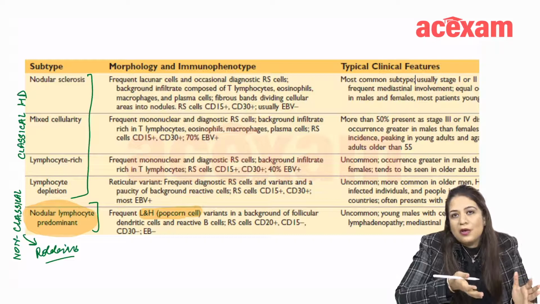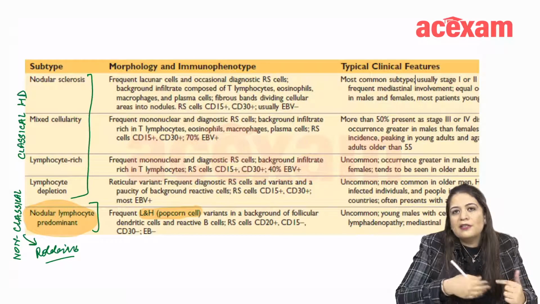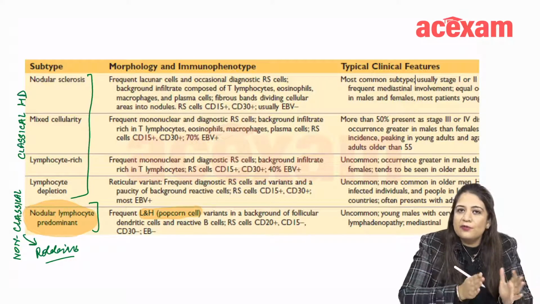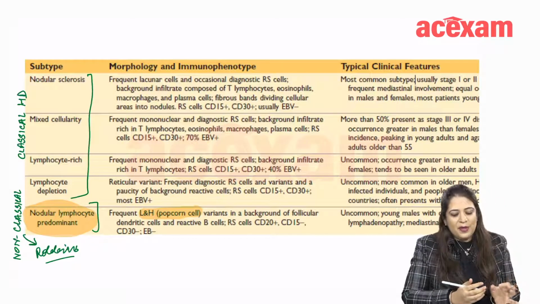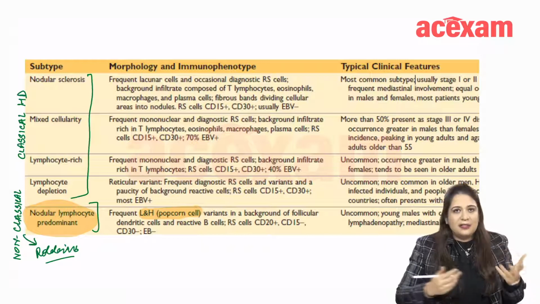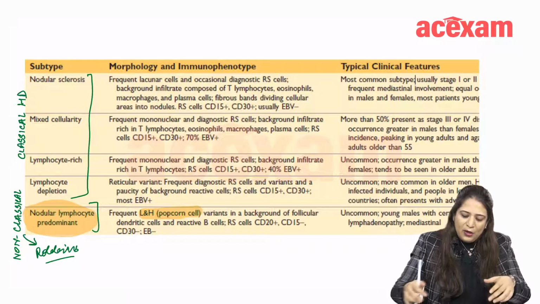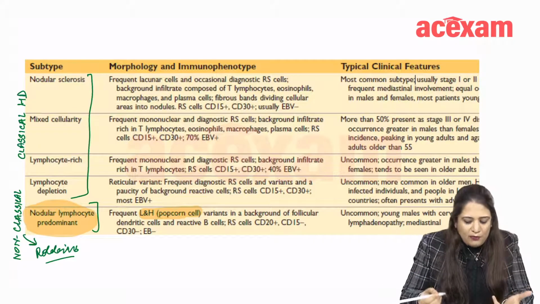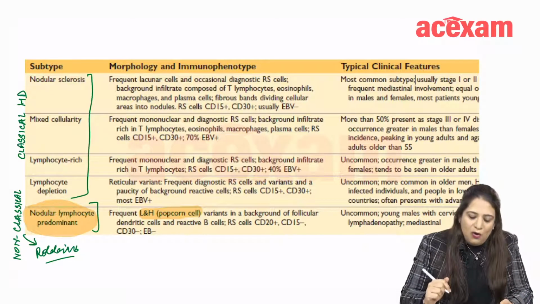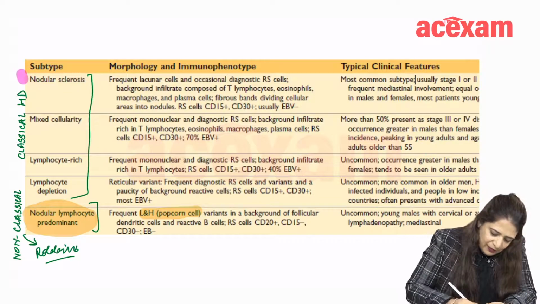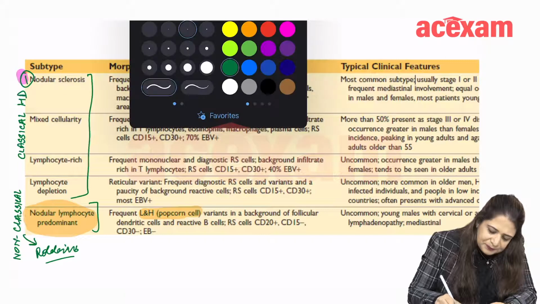It is called non-classical because it is different from the rest of the Hodgkin's lymphomas, which are grouped together because of similar immunophenotypic features, whereas NLPHL is different because of different morphology and immunophenotypic features. Within the classical Hodgkin's lymphoma are four variants. The first one is nodular sclerosis.